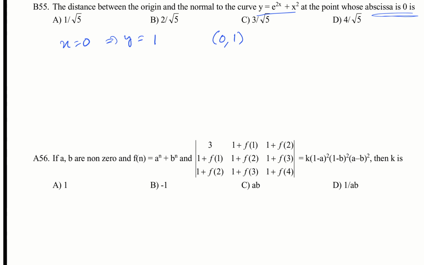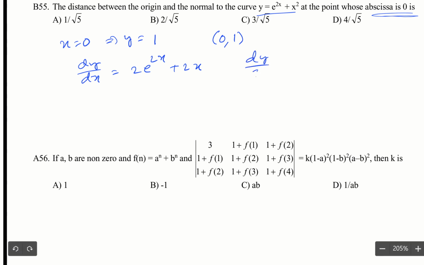I'm doing that. I have dy/dx = 2e^(2x) + 2x. So substituting, dy/dx at (0, 1) will be 2. So this is the slope of the tangent.